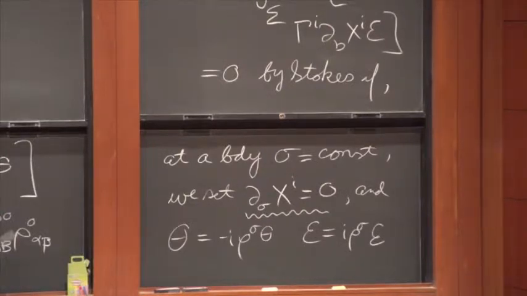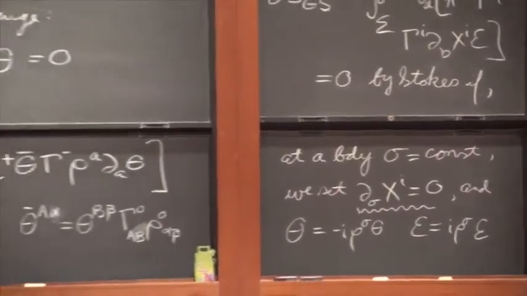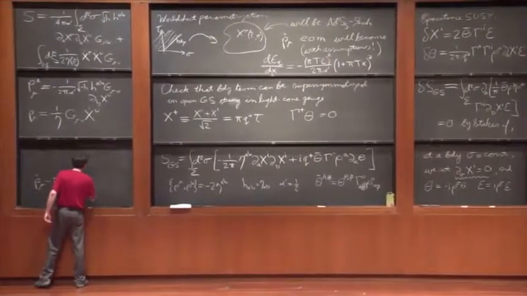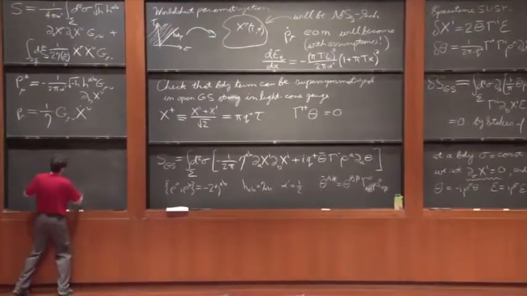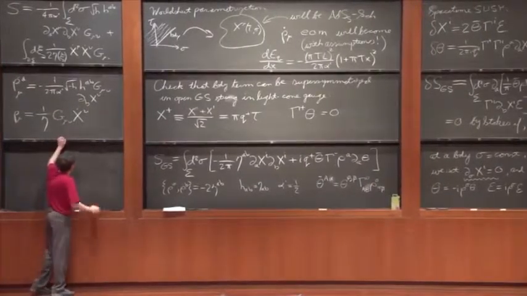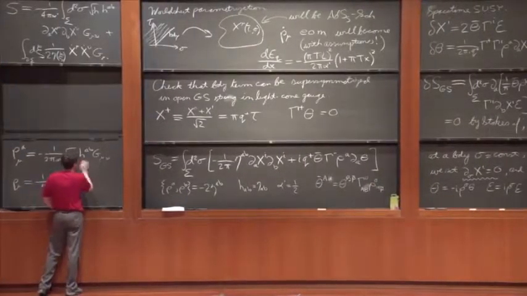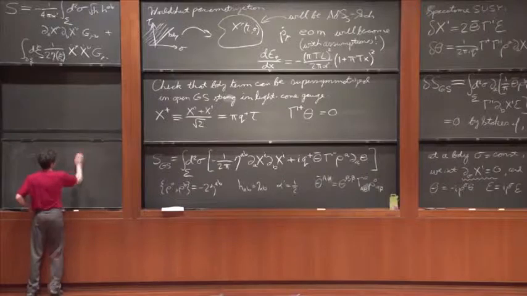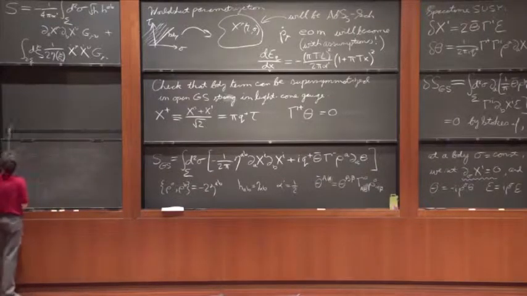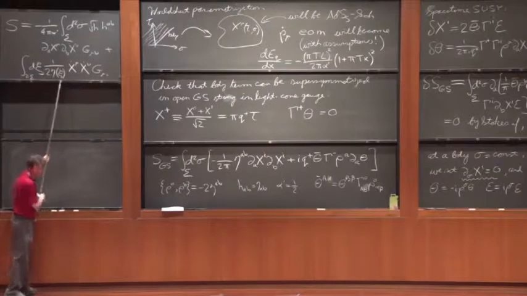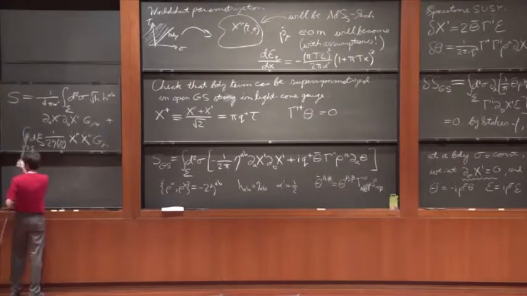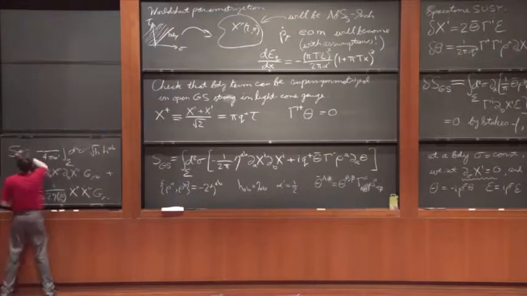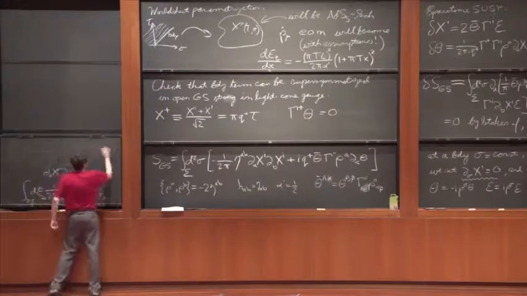So the claim is I do have to add something to the action which will involve both the bosons and the fermions in such a way that the variation of the boundary action will cancel against the variation of the ordinary light cone Green-Schwarz action. And so my main claim for this little technical aside is that, yes, you can find such a boundary action, and I'm about to write it down.